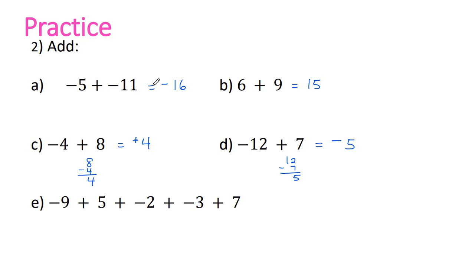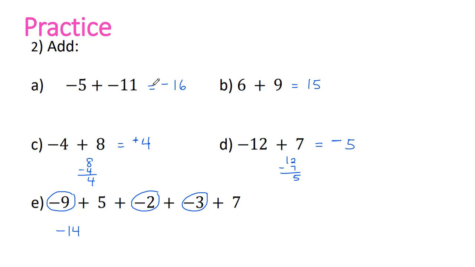For E, when you have a chain of all different integers, what you can do to make life easy is to combine the ones that are the same, or what we call like terms. So we have negative integers. Let's put those together first. Negative 9 plus negative 2 is negative 11, plus negative 3 is negative 14.